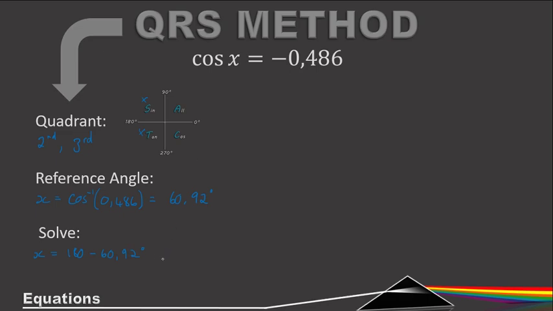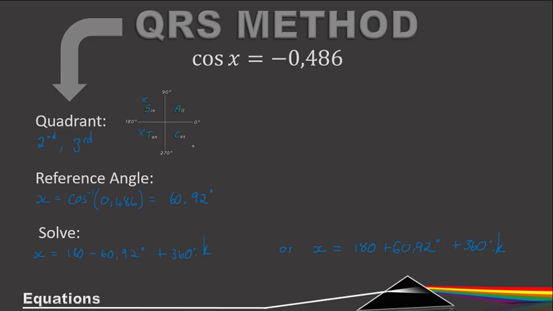Cos has a period of 360, so we add 360 degrees times k. Now for the third quadrant it is 180 plus the reference angle. So this is going to be 180 plus 60,92 degrees, and then we add 360k degrees to include the period, since it will have the same solution every 360 degrees.